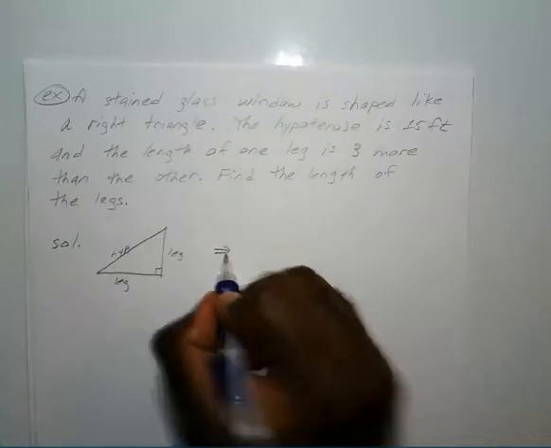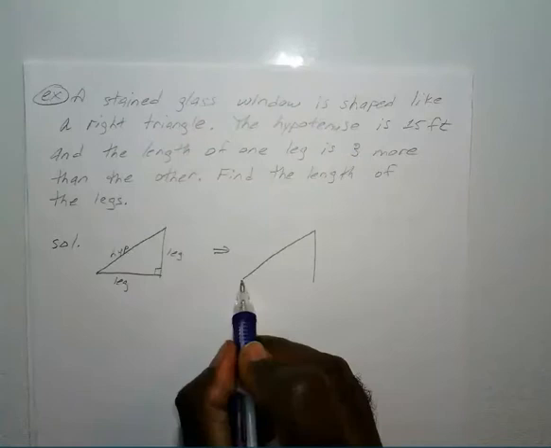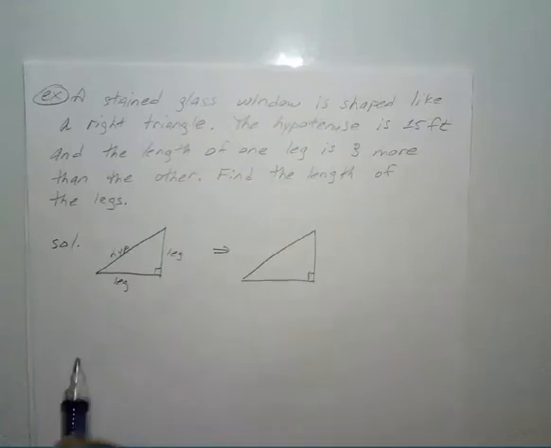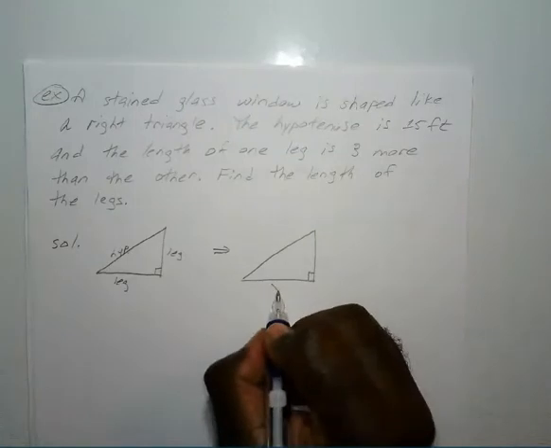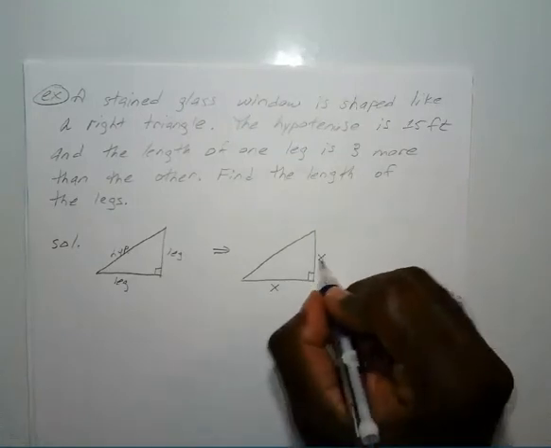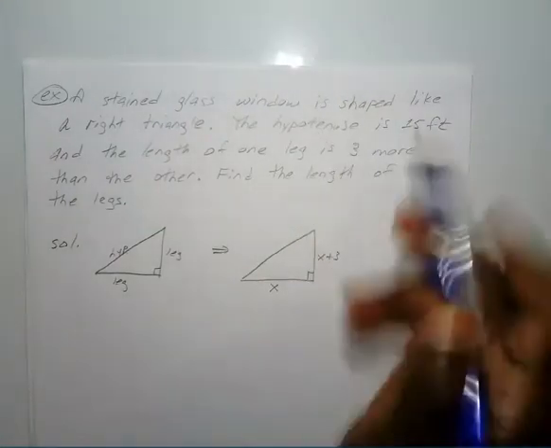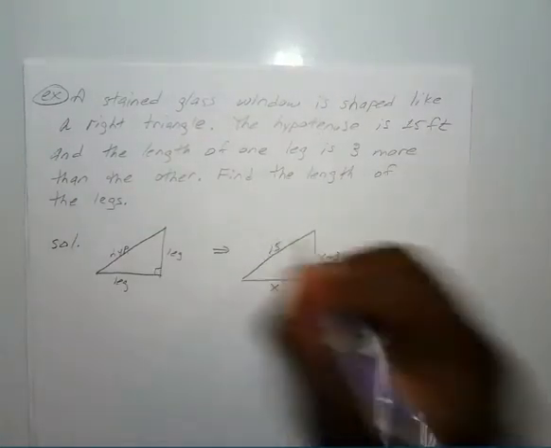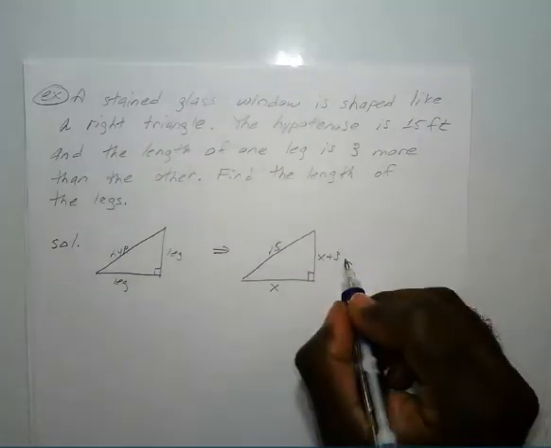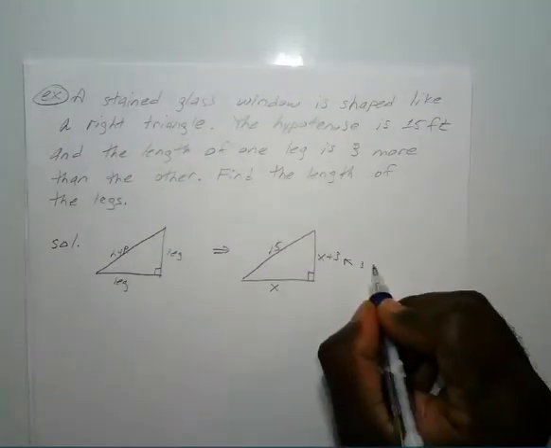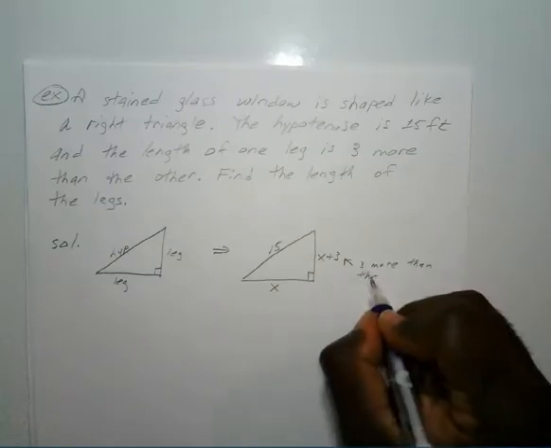Okay, so that means if we have our right triangle here, and one leg is 3 more than the other, then this is one leg, and this leg will be x plus 3. And the hypotenuse is 15 feet. Okay, so we have 15. So we see here, this is 3 more than the other leg.